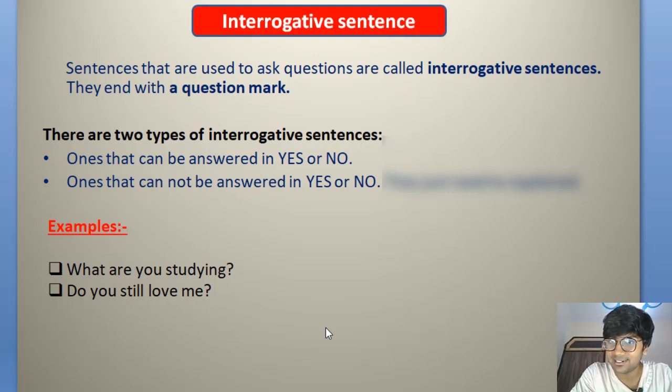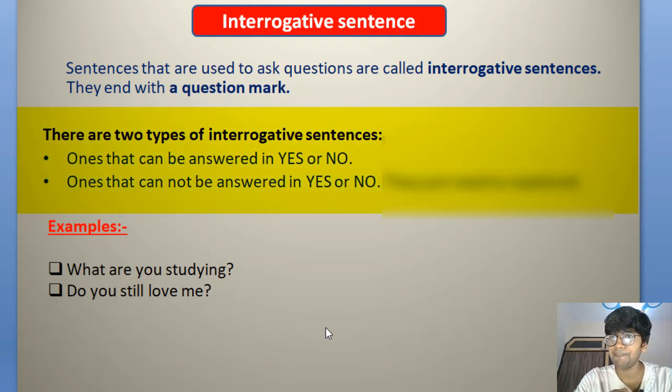What is an interrogative sentence? It's a sentence that is used to ask a question. Why do we ask questions? We ask questions to know something that we do not know. Now guys, there are two types of interrogative sentences.